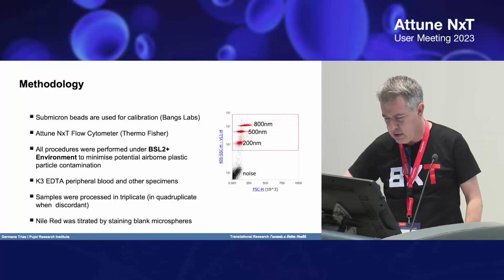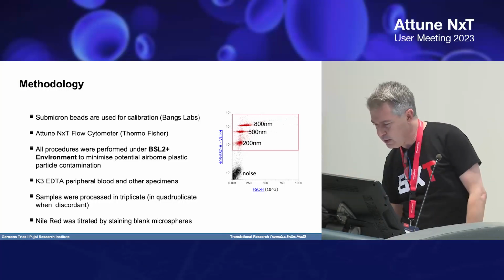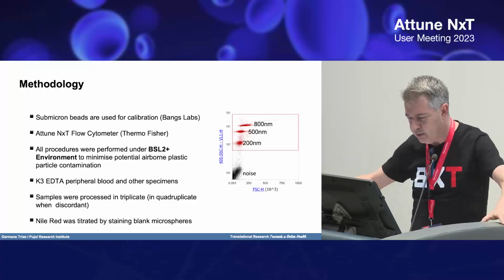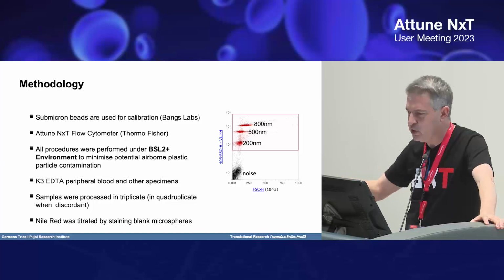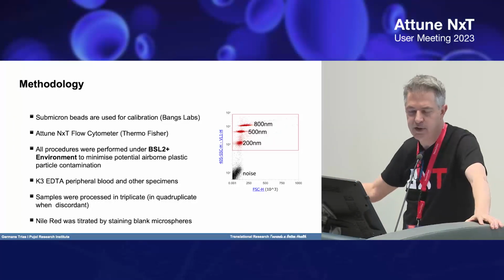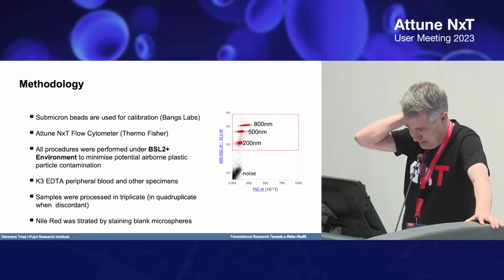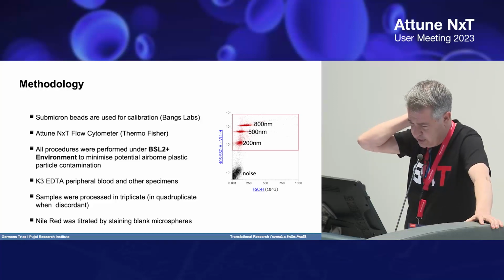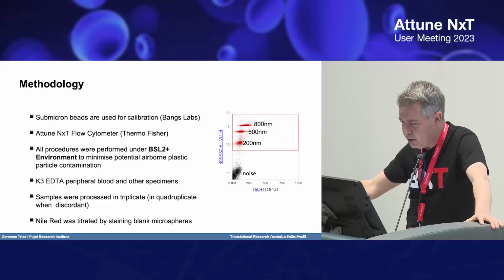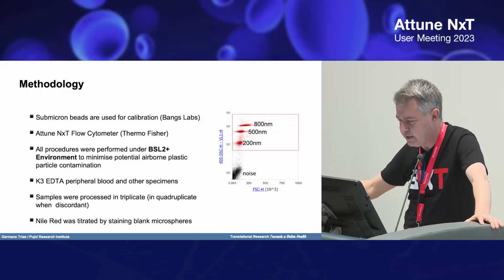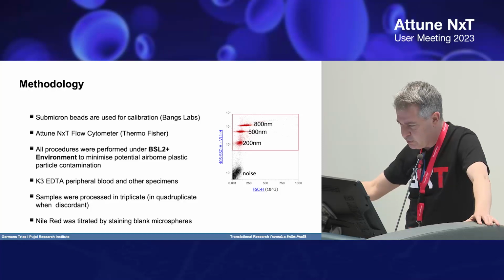And as you can see here, we are always using the H parameter, which is better to identify very small particles. In addition, we are using the specific filter kits provided by Thermo to discriminate very small particles, and we are also using the violet side scatter kit to discriminate these very small particles.